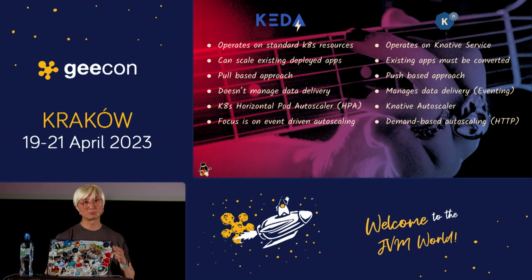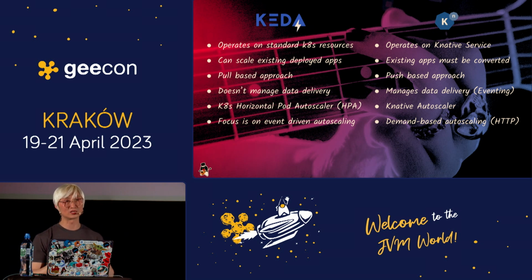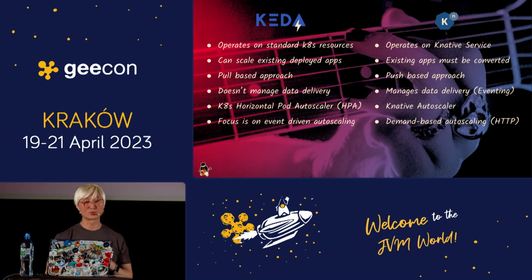Some people use KEDA and Knative interchangeably, and some say it's an either-or choice between two different projects on top of Kubernetes for managing your event-driven applications. So here are the big differences as some bullet points. With KEDA, you don't need to change any existing Kubernetes resources.